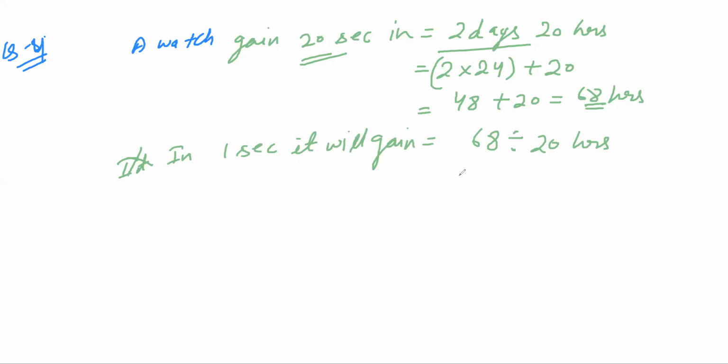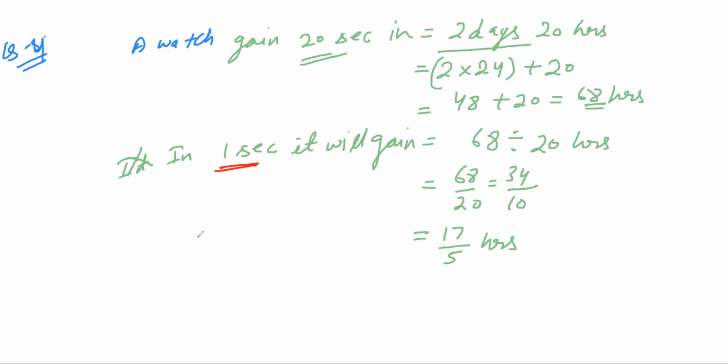Okay, so in 1 second it will gain 68 upon 20. 2 threes are, 2 fours are, and 2 tens are. Again 2 ones are 2, 2 sevens are 14 and 2 fives are, 17 upon 5 hours. So you can say that in 1 second it will gain 17 upon 5 hours.